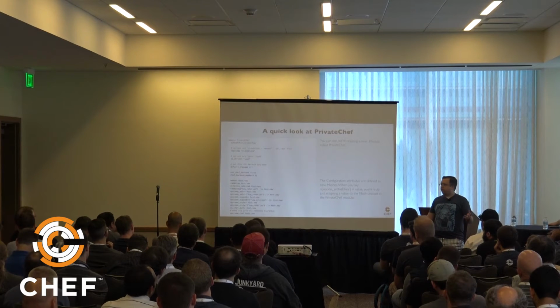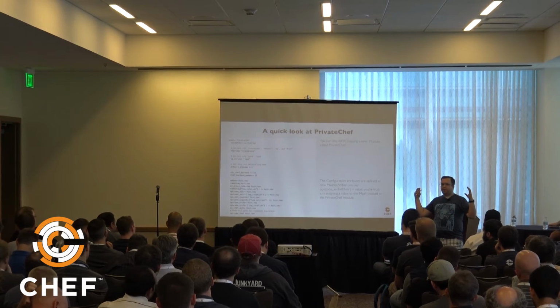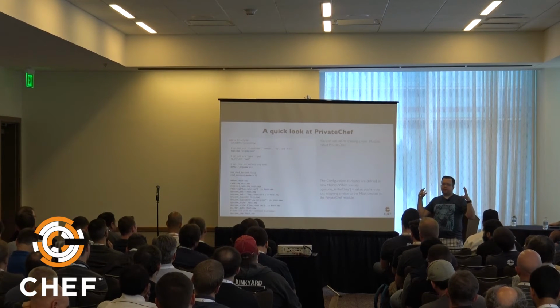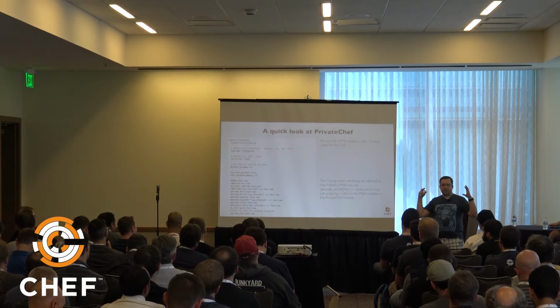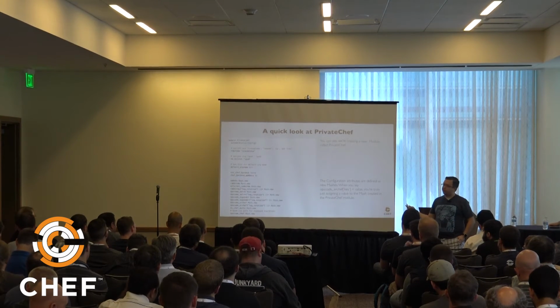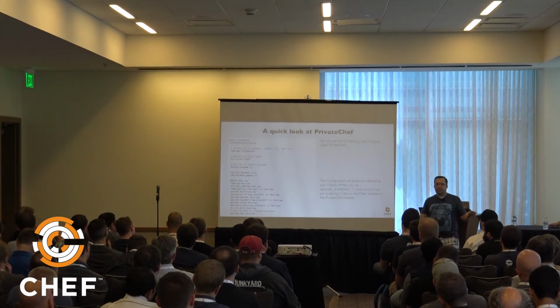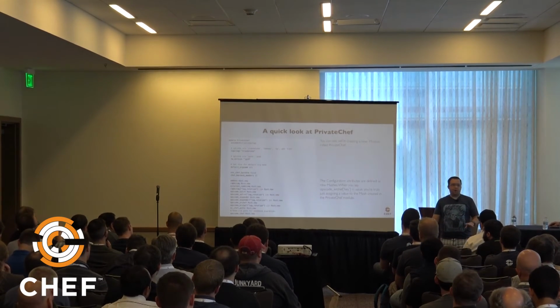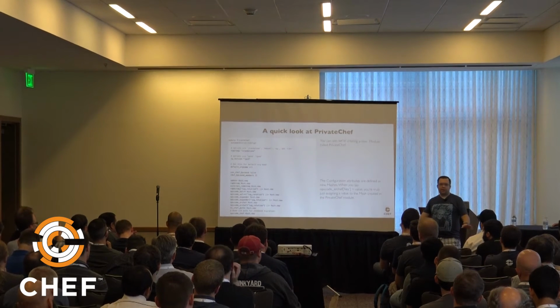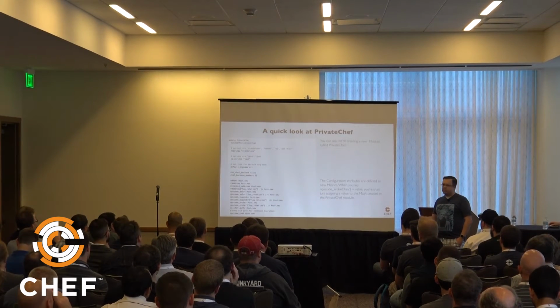And then all of that gets merged into an object that is then consumed by Private Chef and by your chef-server-ctl reconfigure run. And it's all driven by cookbooks, and it's all driven by templates. There's actually no magic going on here. It's all Chef. I guess there's a little magic going on.